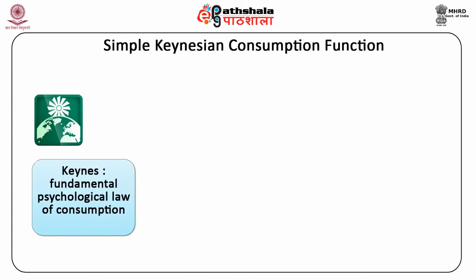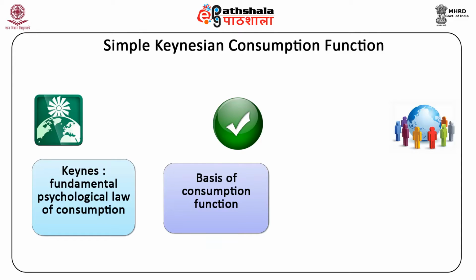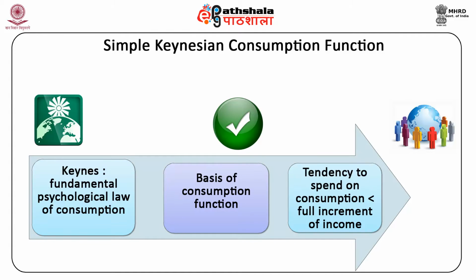Keynes propounded the fundamental psychological law of consumption, which forms the basis of the consumption function. The law implies that there is a tendency on the part of the people to spend on consumption less than the full increment of income.